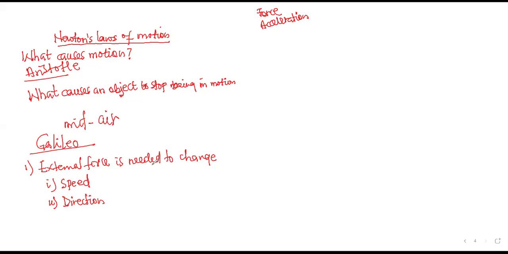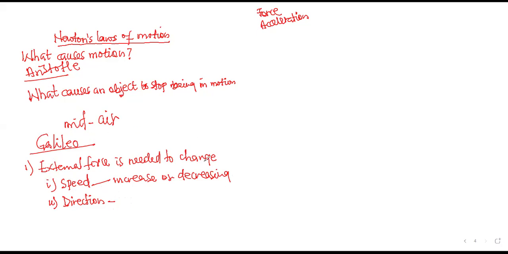So once the body starts being in motion, external force will be needed to change the speed, as in increasing the speed or decreasing it. And the same external force will also be needed to change the direction of a moving body. Is that okay?